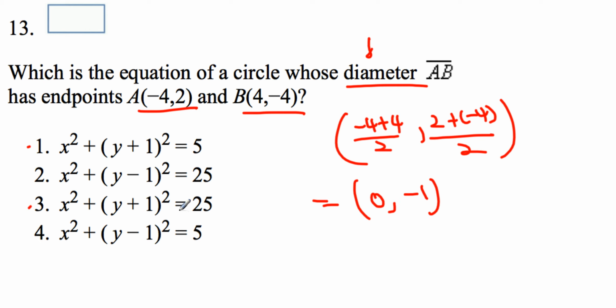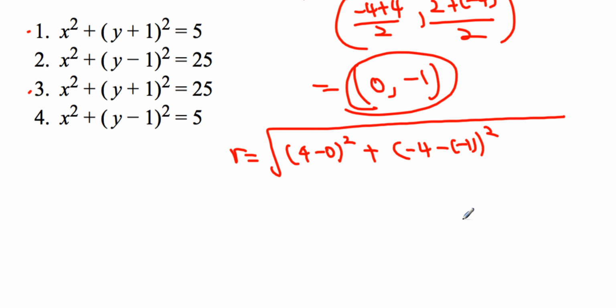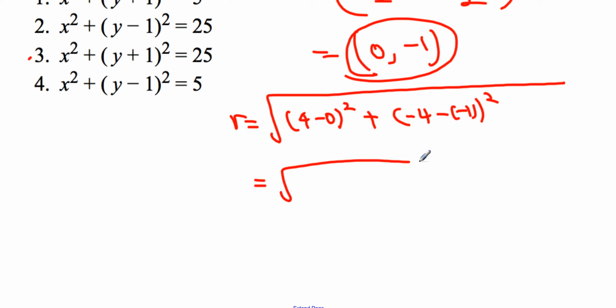Now we need to find the radius. To find the radius, all we have to do is go from the center to any one of these 2 points. So we're going to use the distance formula here. So we get (4 - 0) squared, and then (-4 - -1) squared, which is equal to 4 squared, which becomes 16, plus -3 squared, which becomes 9.